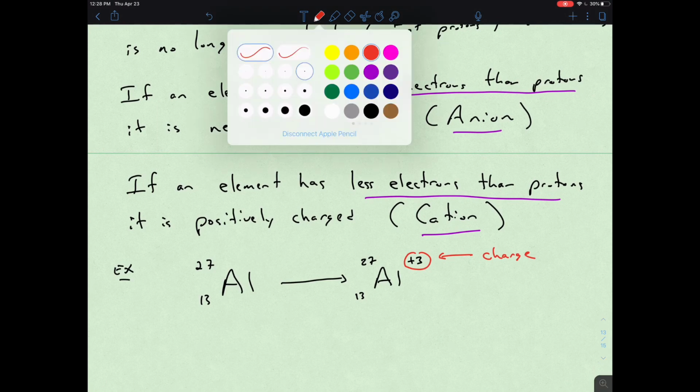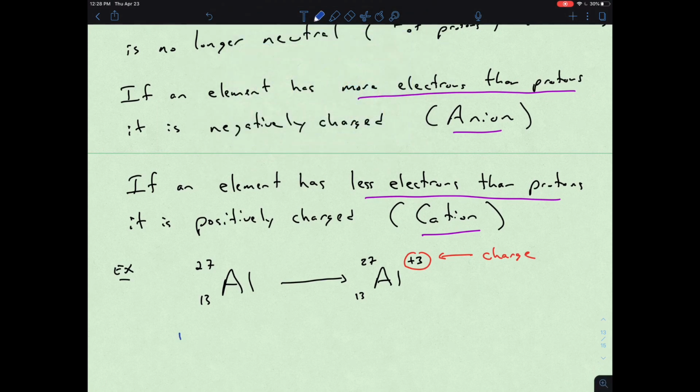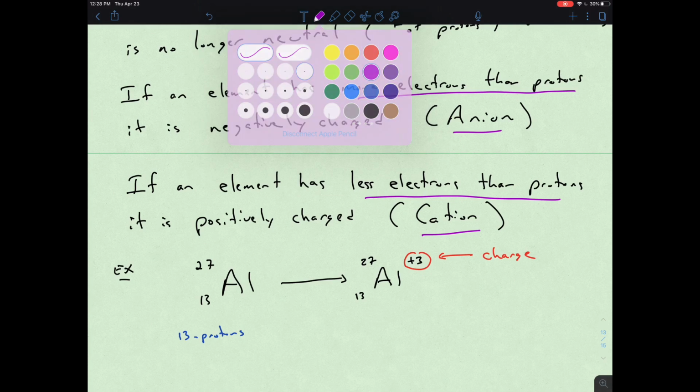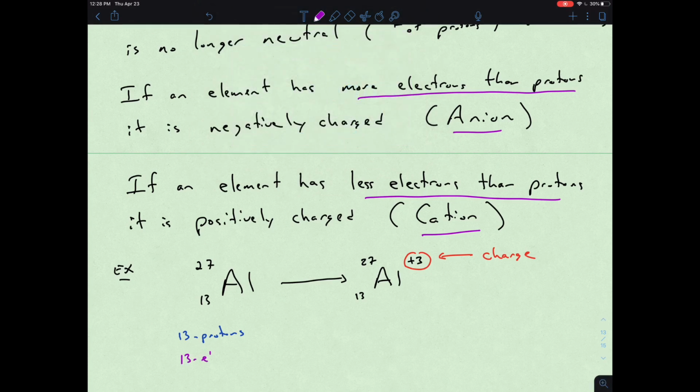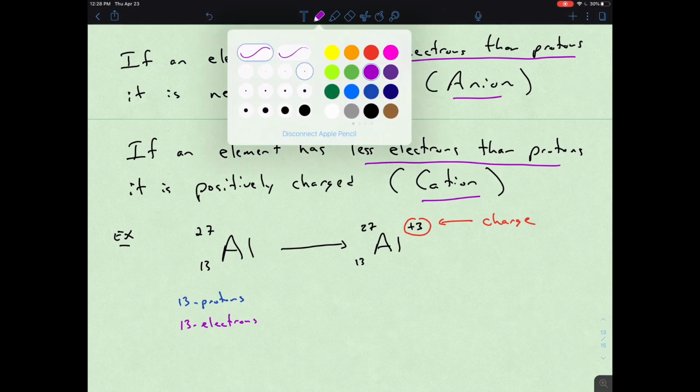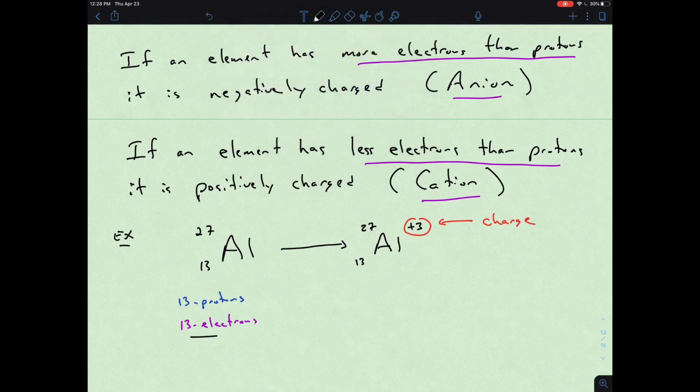So here on the left with the aluminum, we would have 13 protons and 13 electrons. And so that's what gives rise to that notion of neutral, as far as the positive and the negative.